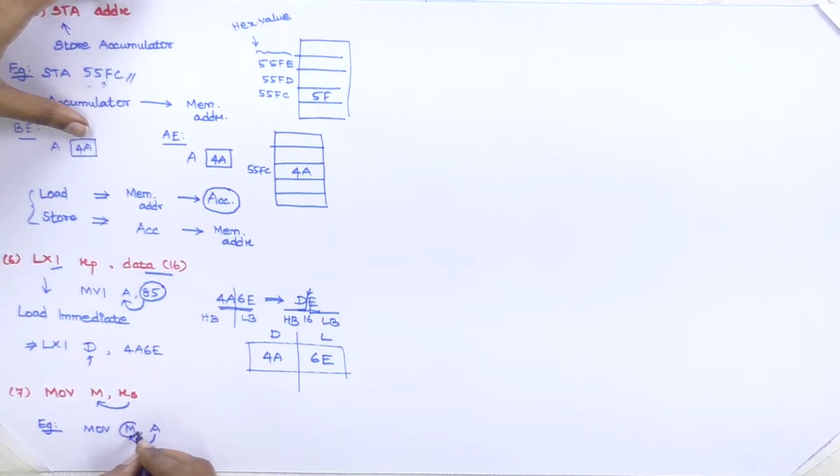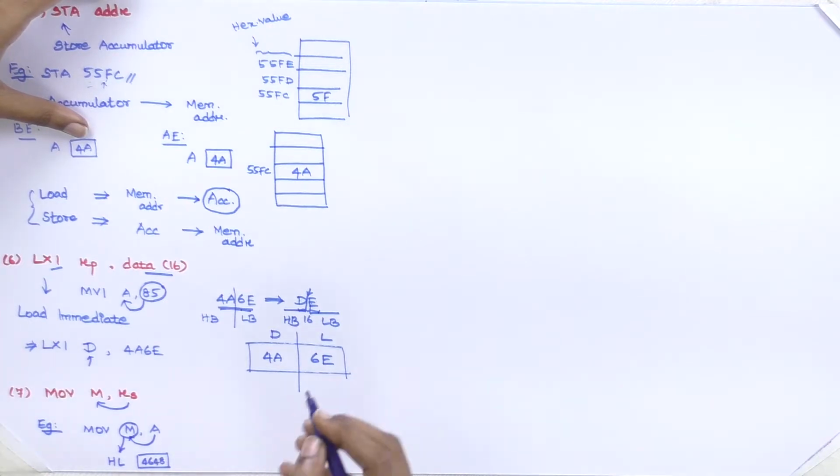M represents the HL register pair. So the processor will check the HL register pair value, consider this as memory, and the value in the accumulator will get stored in this memory location.